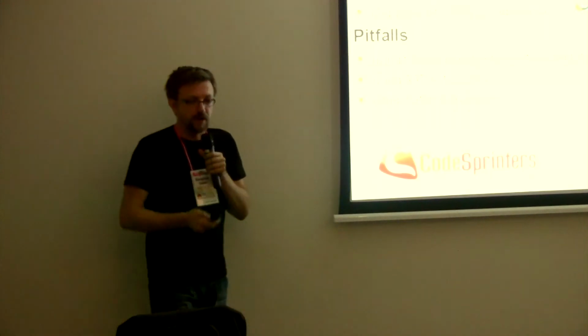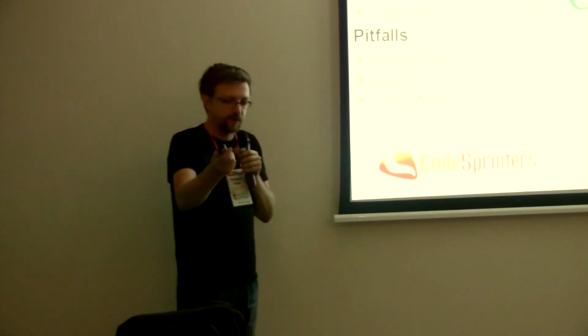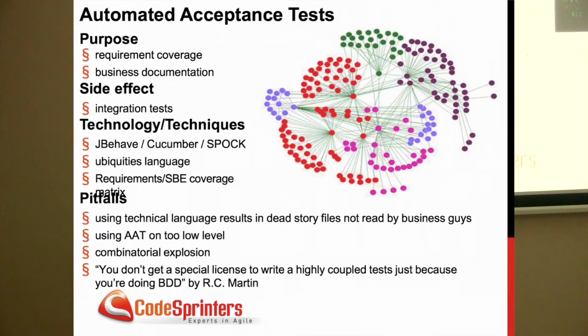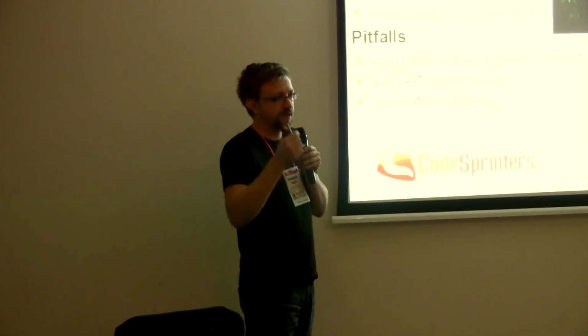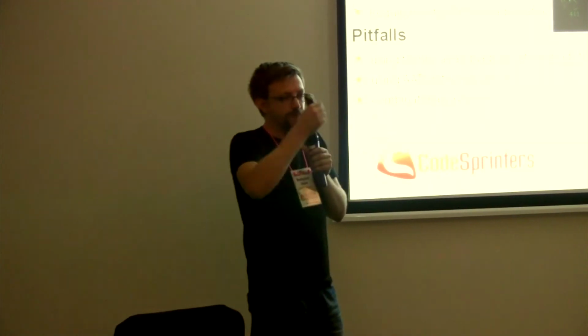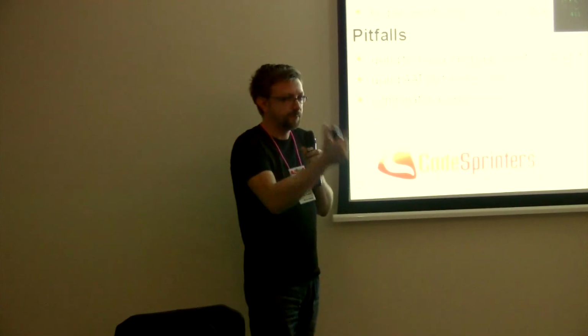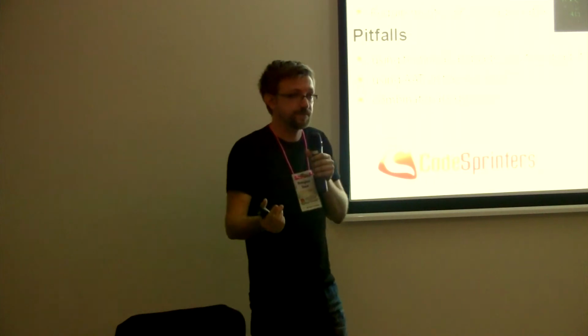Okay, there are different frameworks: JBehave, Cucumber, I've talked about it. The important thing is that in these stories, we are using a ubiquitous language. What is a ubiquitous language? It's a funny word. The thing is that we should use words that are understood by product owners, business analysts, engineers, right?